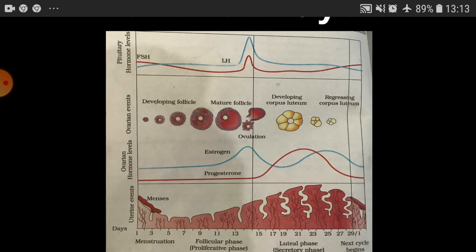It stimulates the endometrial glands to secrete a nutritive fluid for the fetus. So, this phase is known as the secretory phase. The progesterone inhibits the release of FSH so that it may not develop additional follicles and eggs. Is that clear?